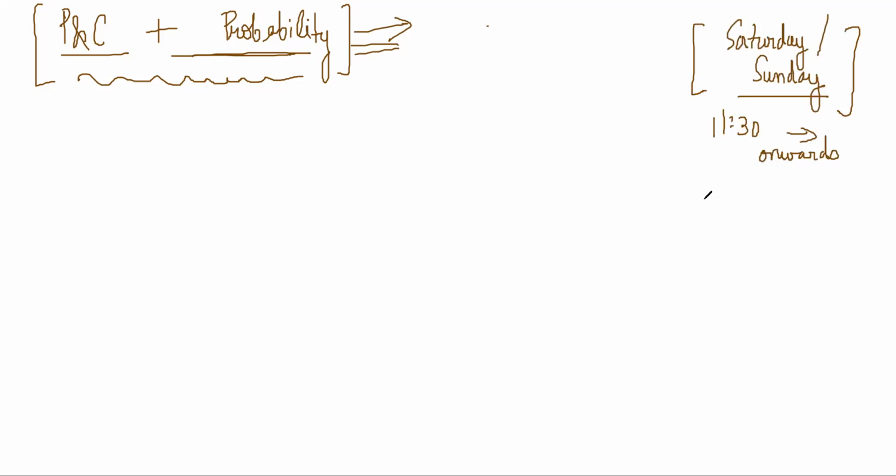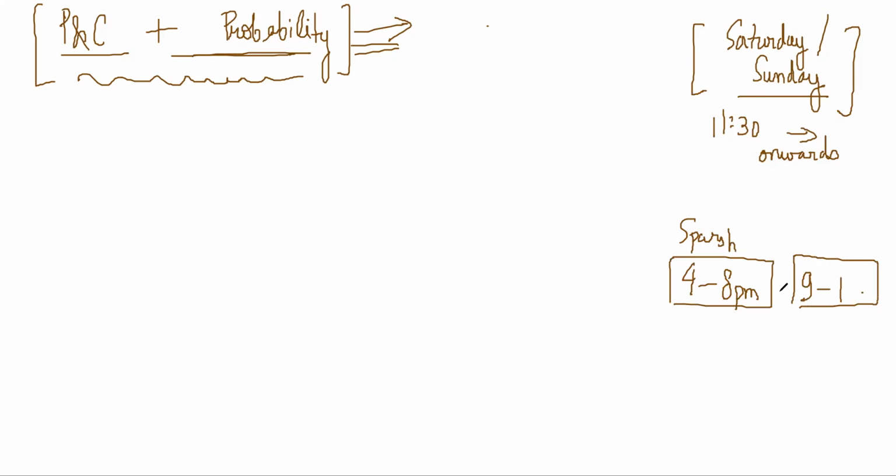On Saturday, I have class from 4 to 8 p.m. And Sunday? 9 to 1 o'clock in the morning. Okay, fine. So we'll have to have one class, I think. I will tell you.